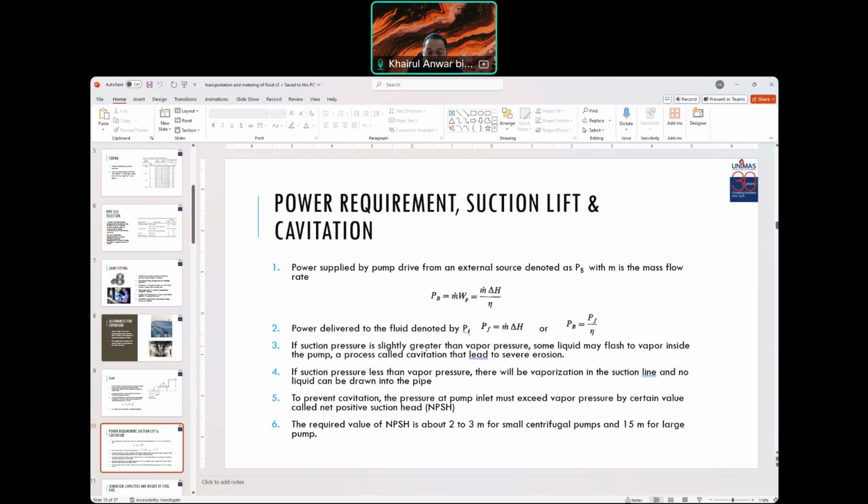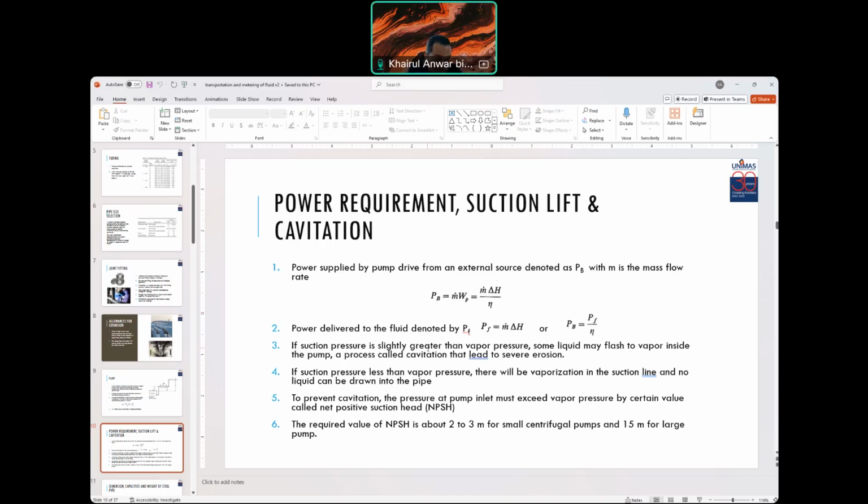If suction pressure is slightly greater than vapor pressure, some liquid may flash to vapor inside the pump, a process called cavitation that leads to severe erosion. The vapor pressure you can calculate using the Antoine equation.